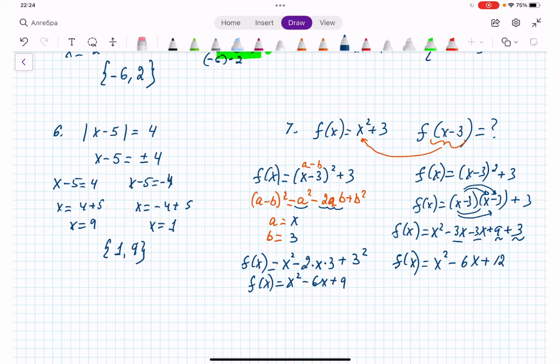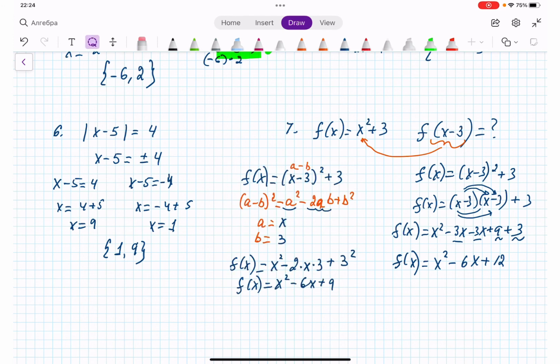Okay, here I see what I did. I forgot to add this 3 here. Hold on, let me fix it. See this 3? I got carried away with the explanation and didn't add this 3. Let me add this 3, and I will get the same thing: x squared minus 6x plus 12. Okay, this 3 plus 3 is this one. And we got the same answer, as you can see.